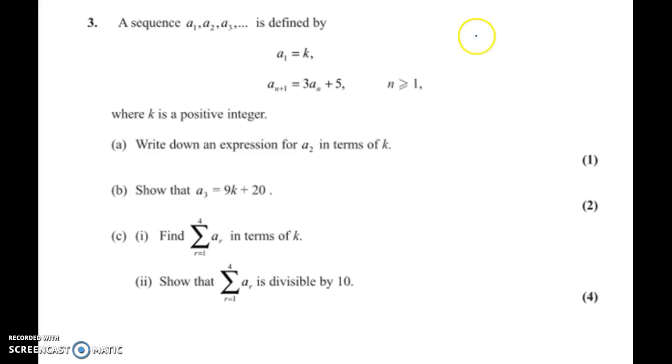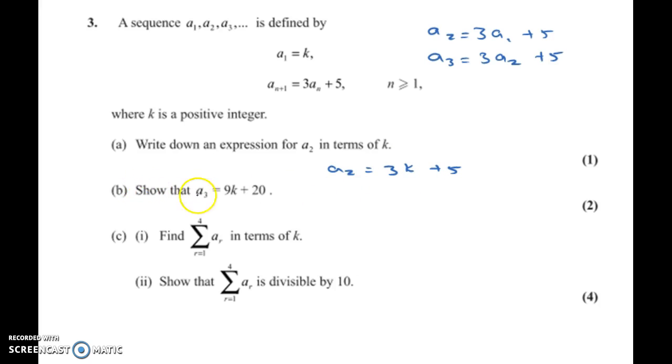Okay, another recurrence relationship. So if we want to find A2, we have 3A1, add 5. If we want to find A3, it would be 3A2, add 5. So we need to write down an expression for A2 in terms of k. So A2 is 3 times A1, which is k, add 5.